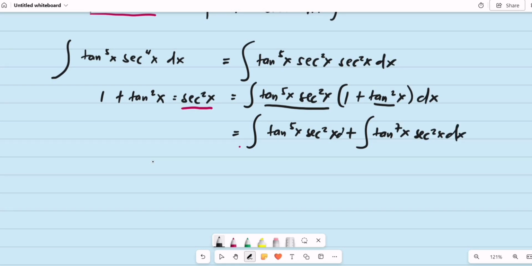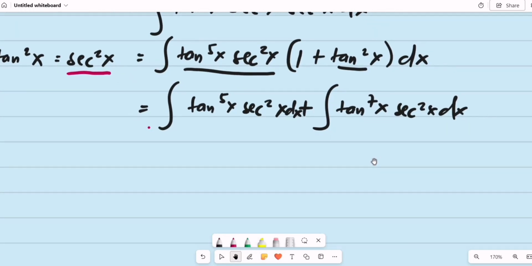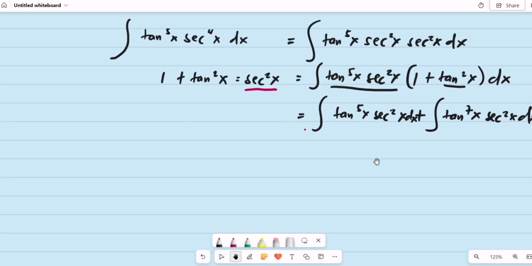We should also put dx on the first term. So now for both terms we have the secant squared x. With that term, we may now perform integration. If we recall, what is the derivative of tangent of u? That is equal to secant squared of u du. That's why we need to extract the equivalent of secant squared x from the given integrand.